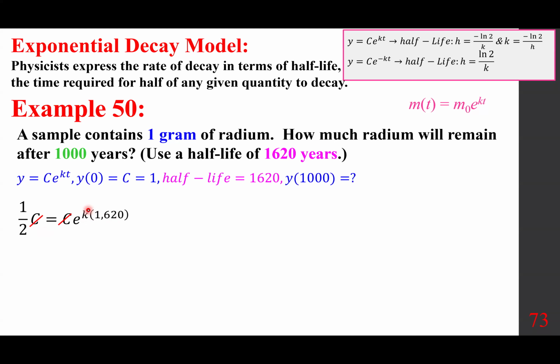You have to take a natural log of both sides. You take a natural log of 1/2, and you get the natural log of the right side. And of course, on the right side, you put the 1620 in front of k. Please remember, k times 1620 is the same thing as 1620 times k. The difference is we should put it, and we do put it, in front of it, okay?